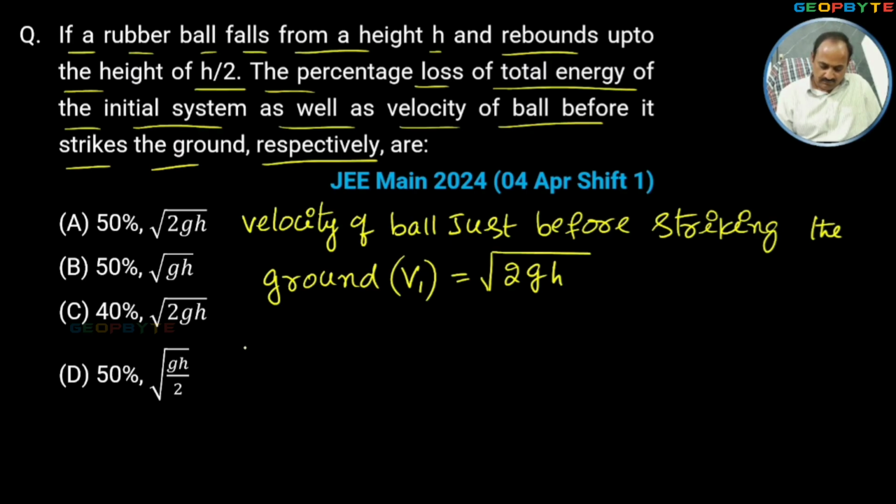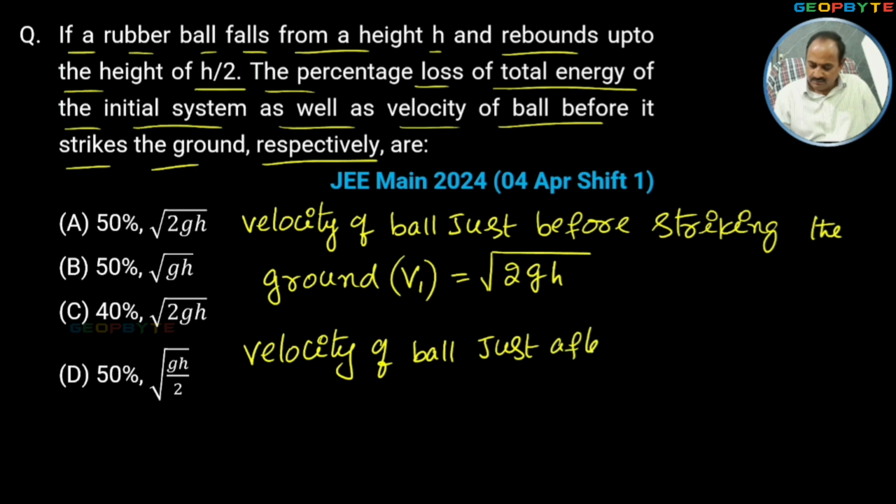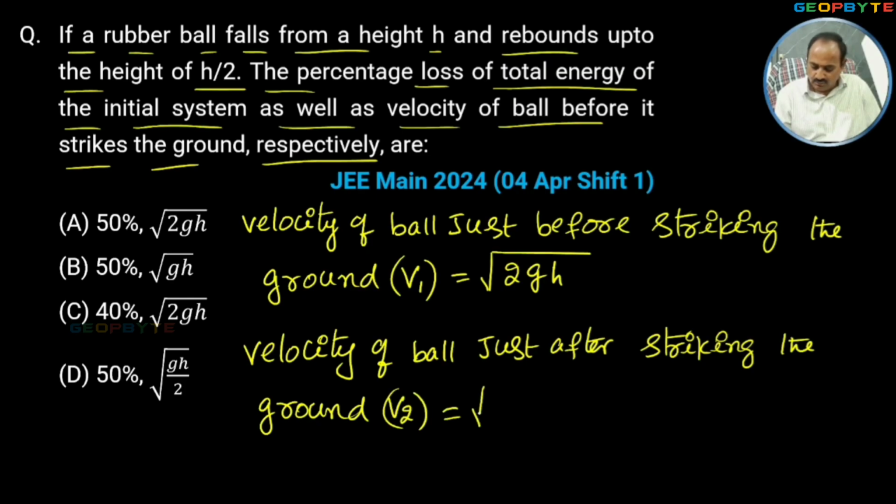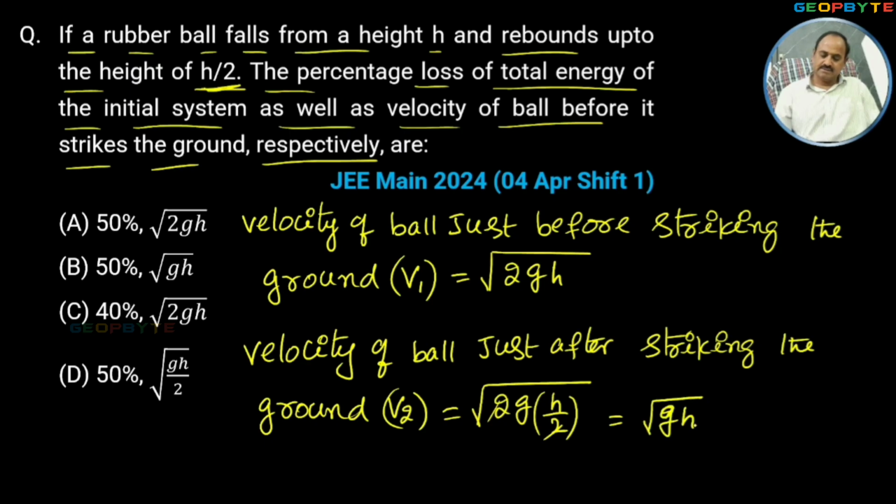Next, the velocity of the ball just after striking the ground, let that be v2, is equal to root over 2g, right? The rebouncing height is h by 2. Of course this 2 cancels, so it is gh.